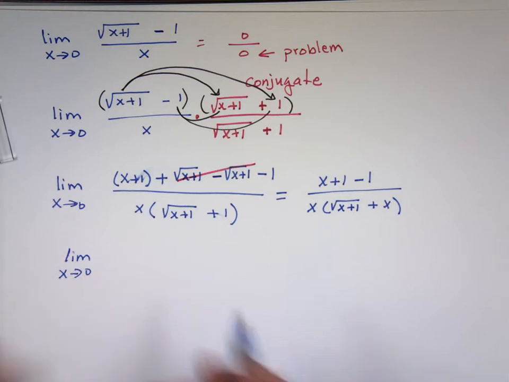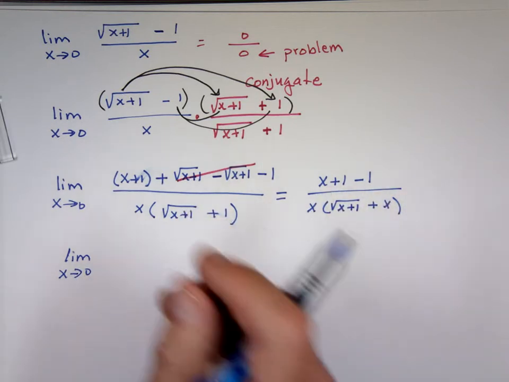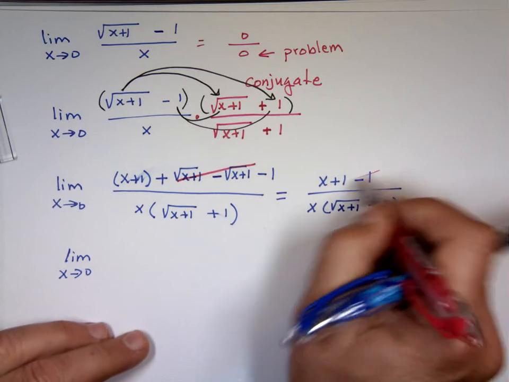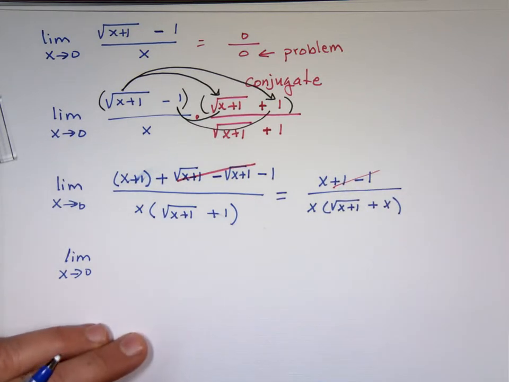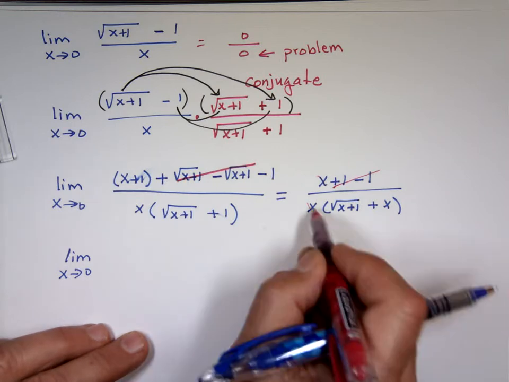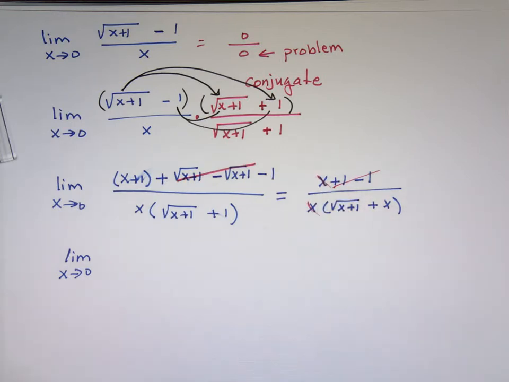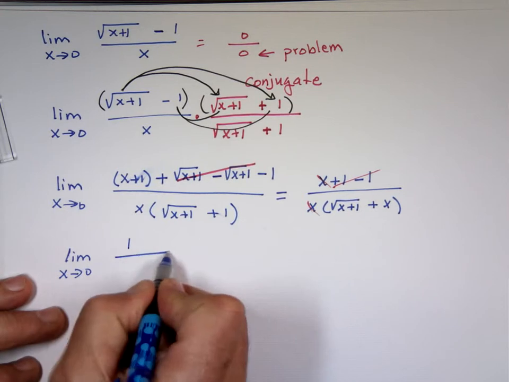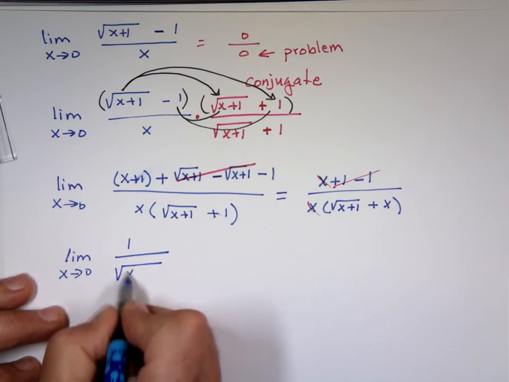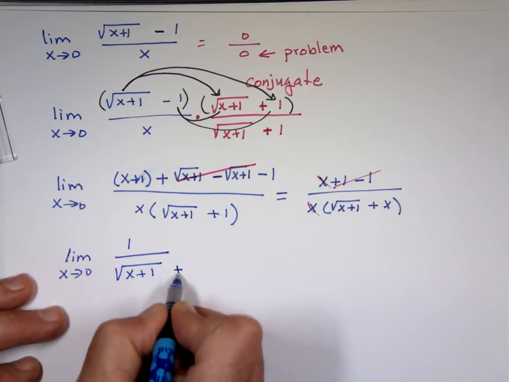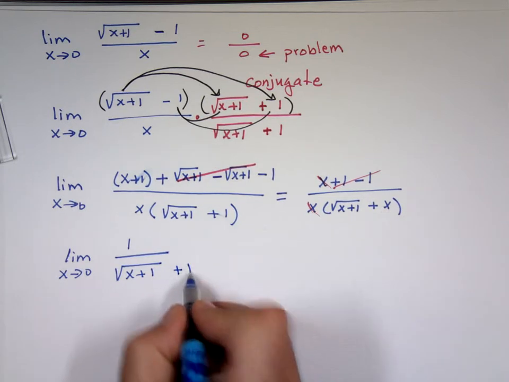Now the plus 1 minus 1 will also cancel each other out. What's left? x. That x will cancel this x. So you end up with 1 over the square root of x plus 1 plus 1. That's a 1, not an x here. I wrote that wrong.